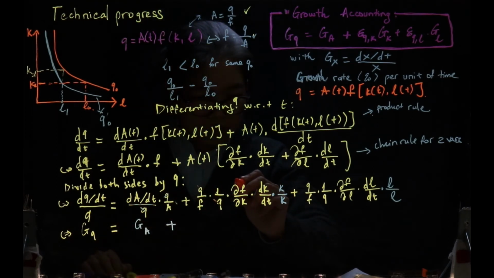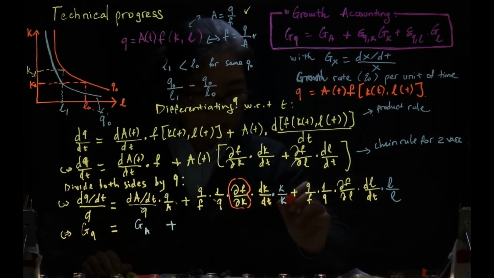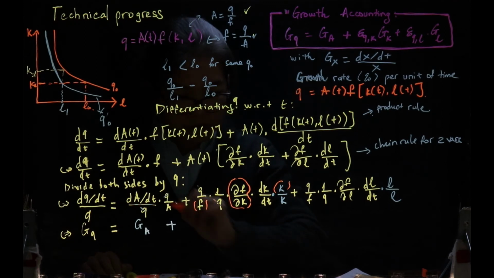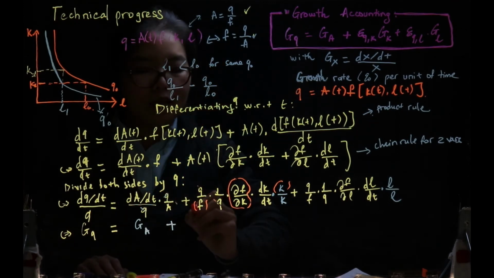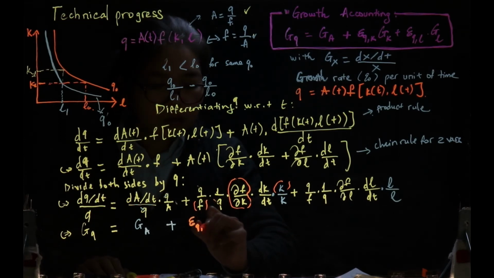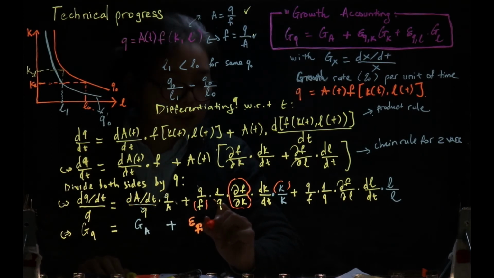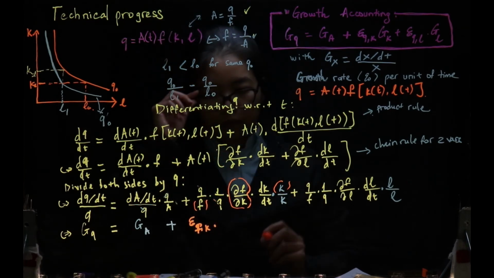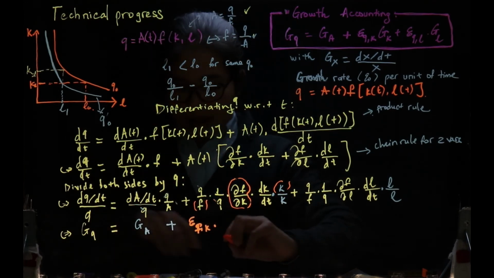And then you have the derivative of F with respect to K times K over F. What is that? That is the elasticity of F with respect to K. Let's stick to F first. Times what's left?